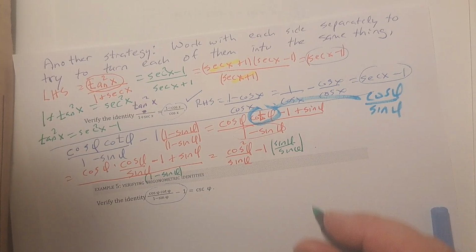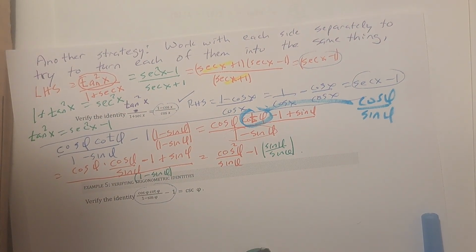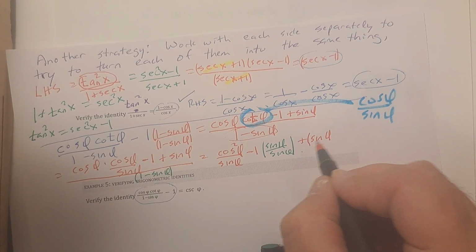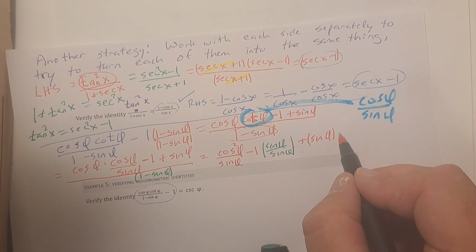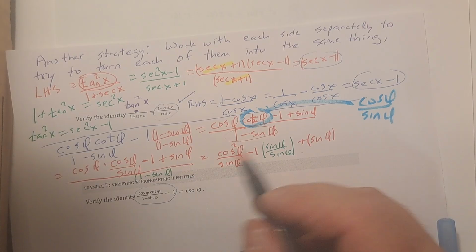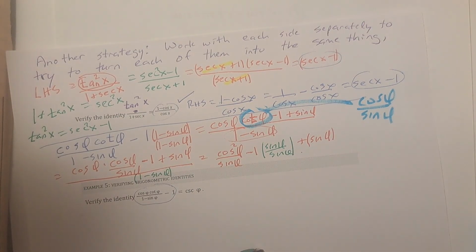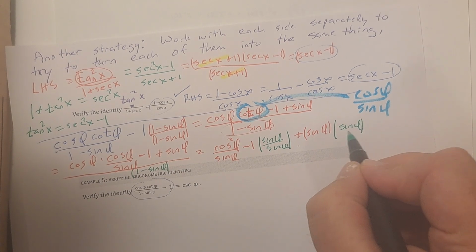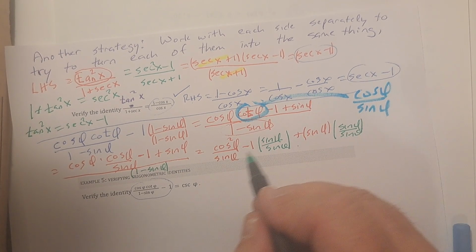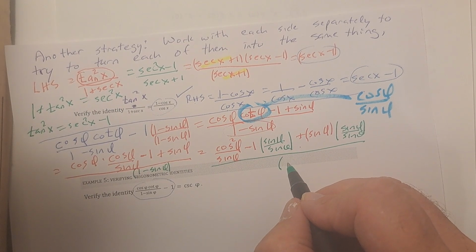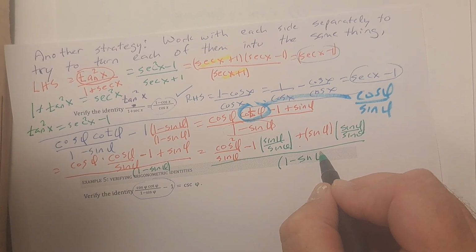And I'm going to take the second sine phi and multiply it by sine over sine. Then all three terms in the top will be a fraction with sine as its denominator.